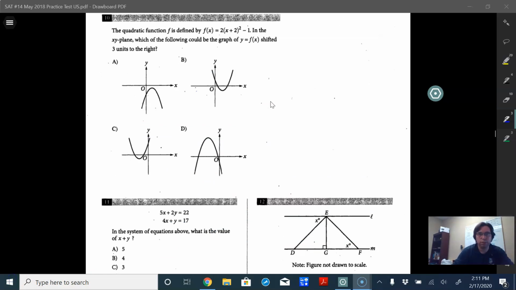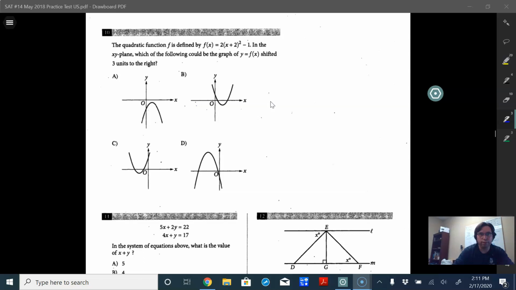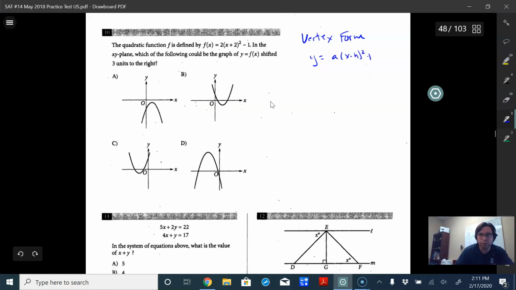All right, guys, let's look at number 10 here. What we can see in looking at this problem is that we're dealing with something in vertex form. Remember, the vertex form is when we have something that's y equals a times x minus h squared plus k.